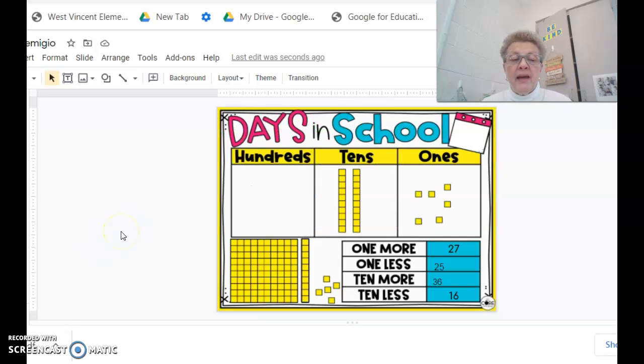Alrighty, doing our place value. The number of days in school for today is going to be 27. 27 days in school. Whoa, that's a lot of days. 27 days of school means we have to put a cube in our ones place. And if we count these by tens and then we go over to ones, let's do it.